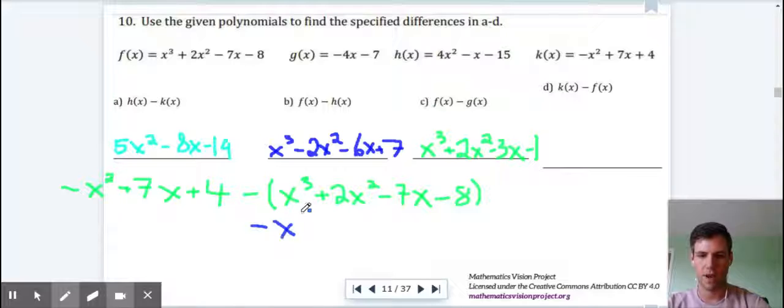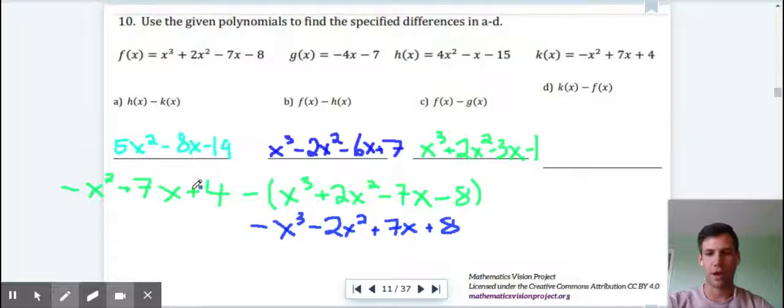So I have negative x cubed minus 2x squared and a positive 7x plus 8.